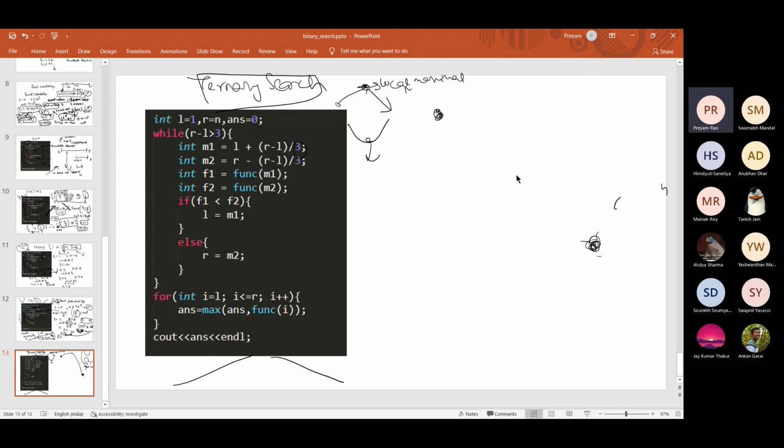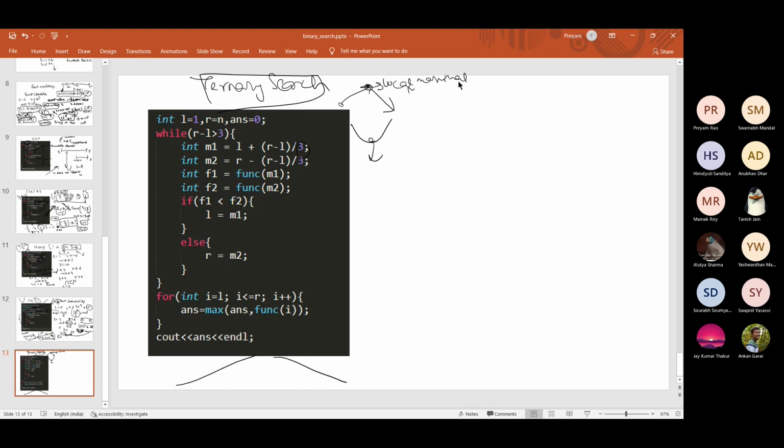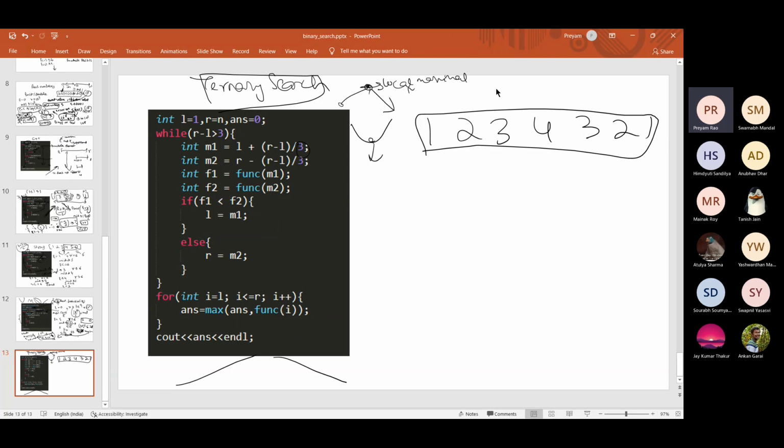For example, if our array was something like 1 2 3 4 3 2 1, then notice how the array is first increasing, reaching 4, then decreasing again. You can see that this is the exact shape that we require for ternary search.